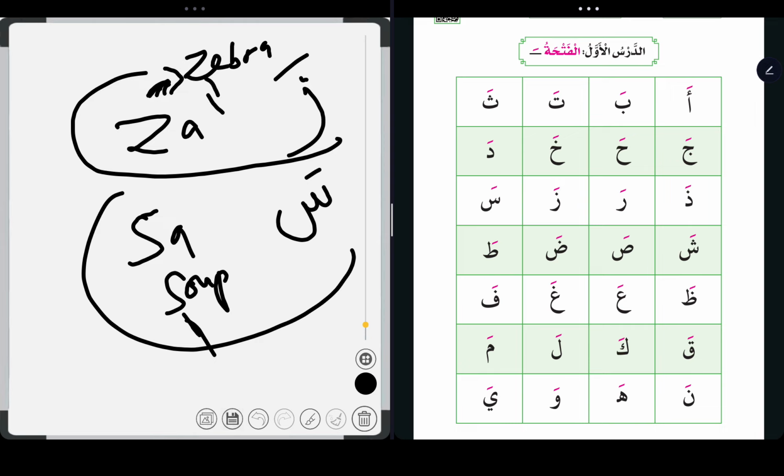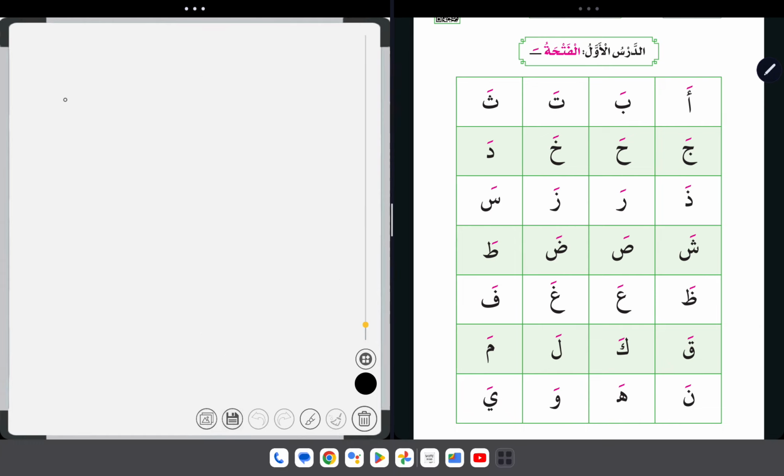And here, raw, when it carries fatha is raw, not ra, raw. And also, kho, the letter kho, when it carries fatha, it is kho, not kha, it is kho. So you have to pronounce it exactly the way the first sound, like when you want to call the name of the letter, the first sound that comes.